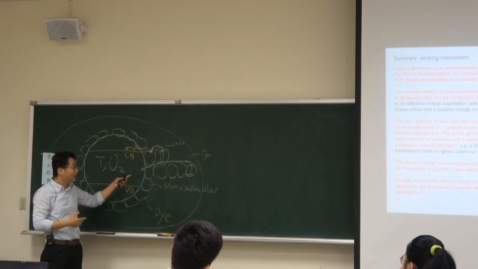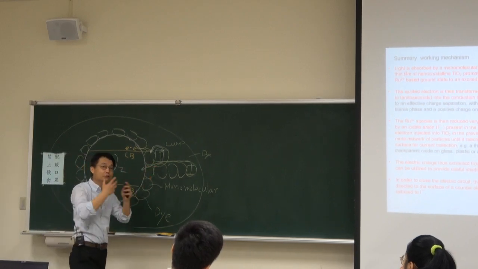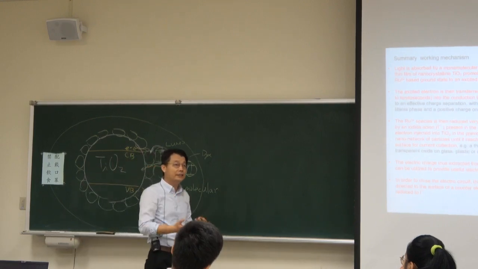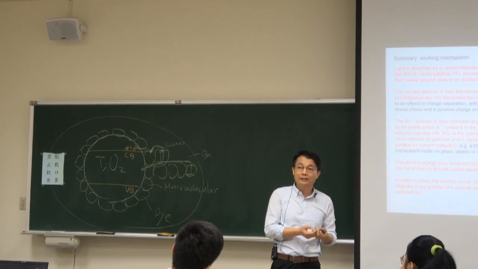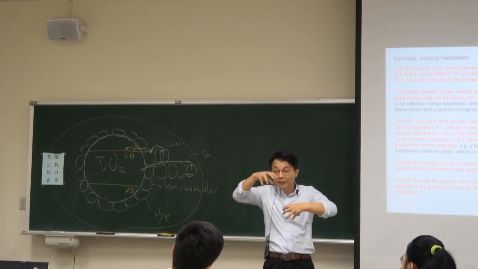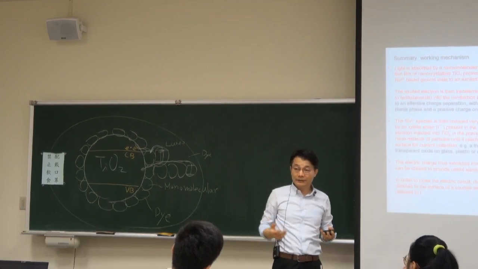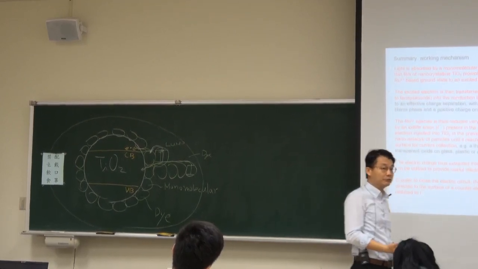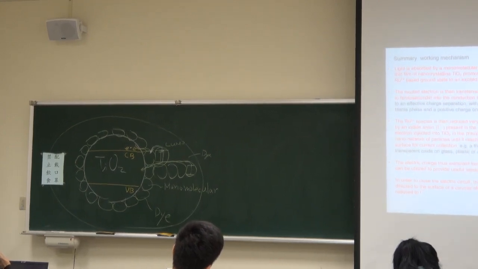So that becomes the rate-limiting state at this stage. So when you're doing such research, you have to be very careful. You cannot absorb the dye too long. Otherwise, you will accumulate a lot of dye molecules on the surface and then block the electron at the interface.